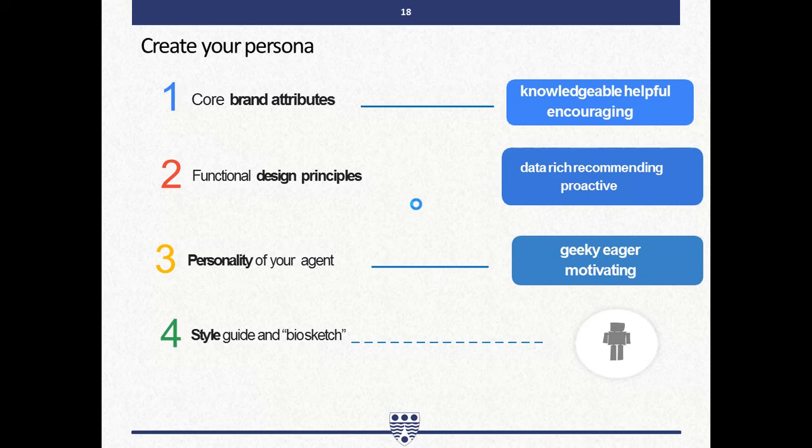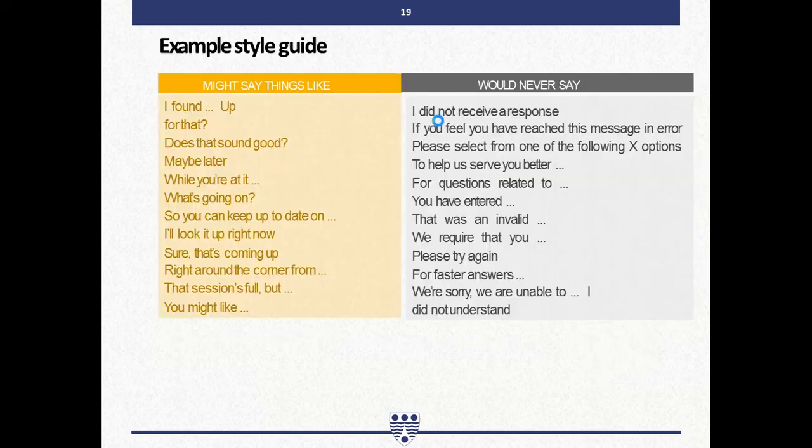Thirdly, you need to define the personality of your agent. Do you want it to be funny or geeky, right? And finally, you have to use the style guide to make a bio sketch. So what we mean by that is you have a list of some of the things you can say to make your bot more effective and sound less robotic. So you can look at this.